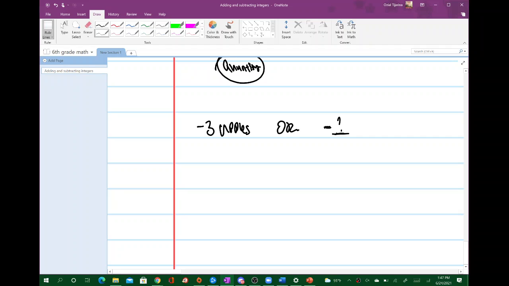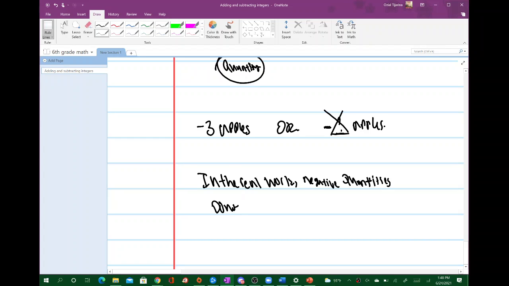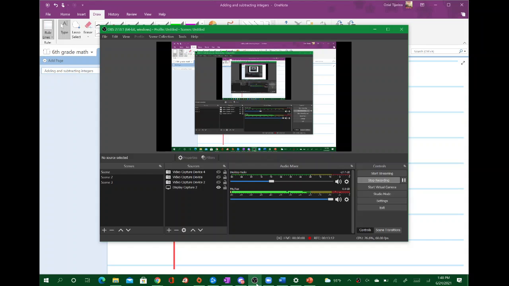We don't know what that something is. We can't have a negative of apples, because in the real world, negative quantities do not exist. Okay, that's something that we have to remember.